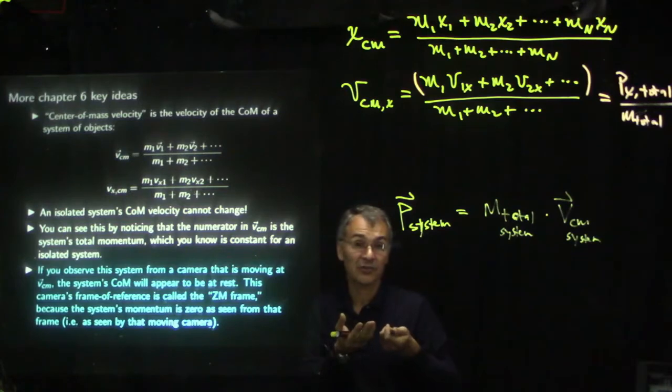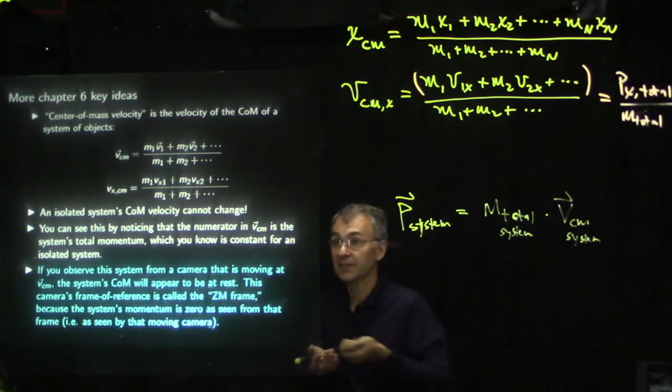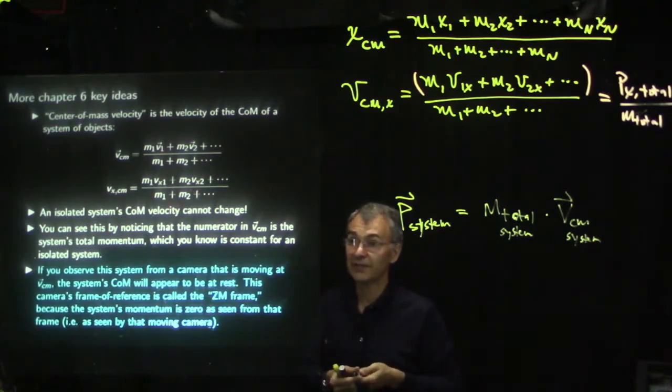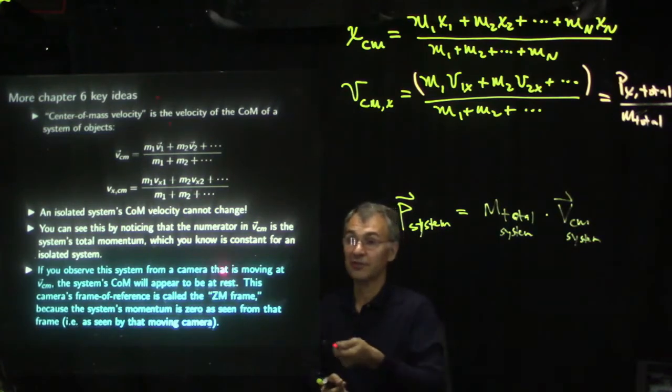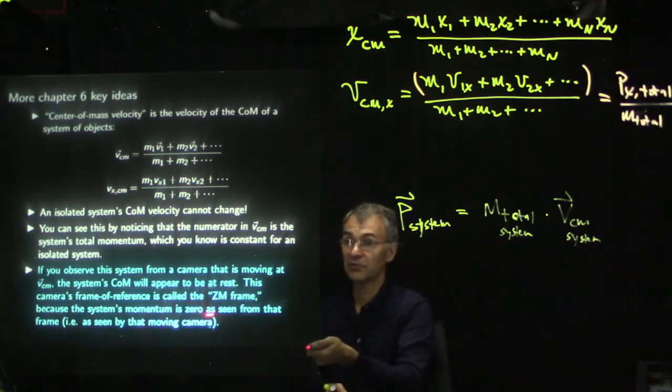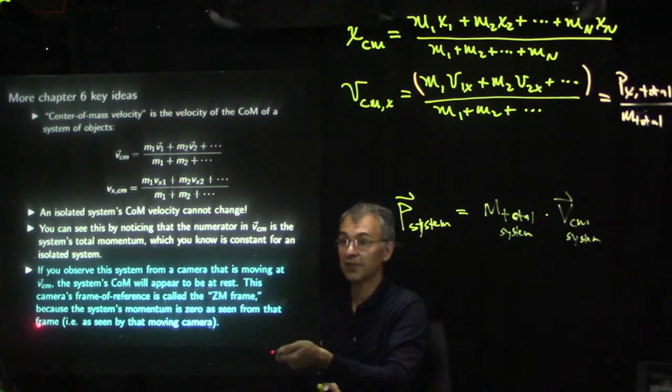In other words, the center of mass of the system will appear to have zero momentum. That's why the textbook calls the center of mass frame of reference the zero momentum frame, the ZM frame, because the system's momentum is zero as seen from that frame.